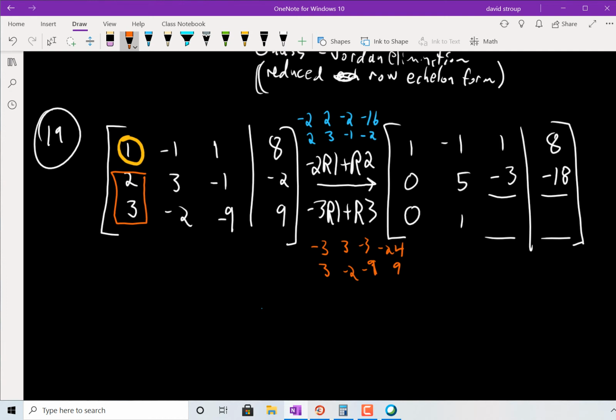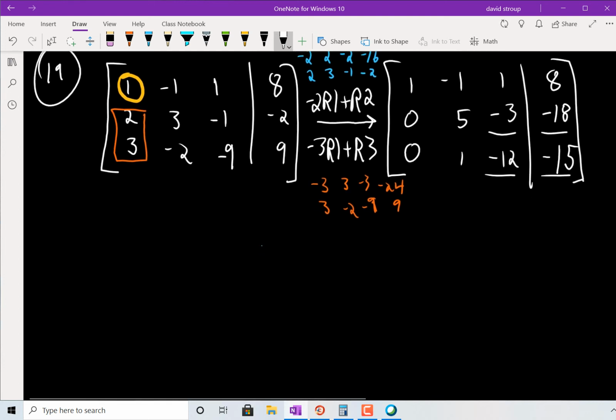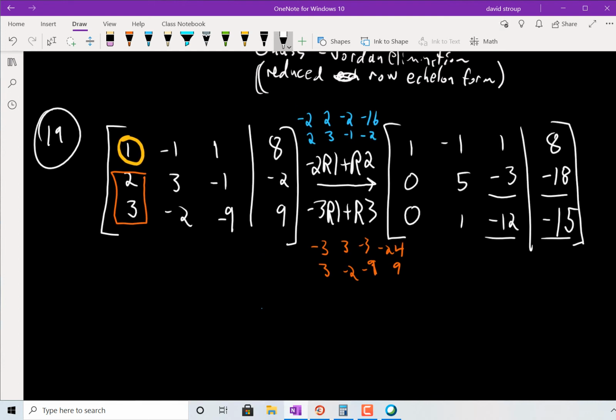Okay, so 0, and then, yeah, 1, and then looks like -12. -12, and then -9 plus -24, sorry, is -15.